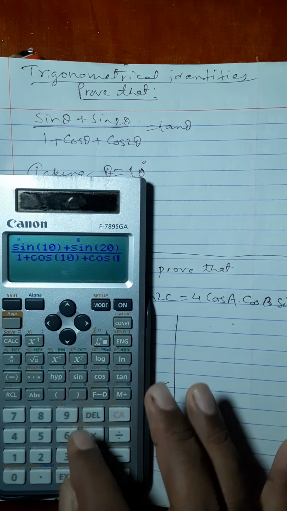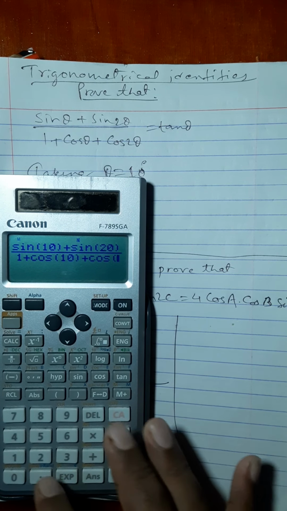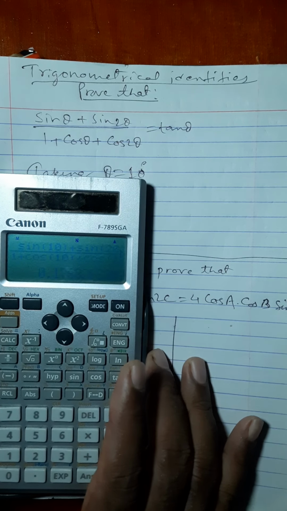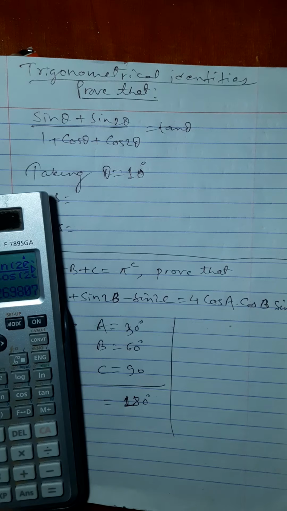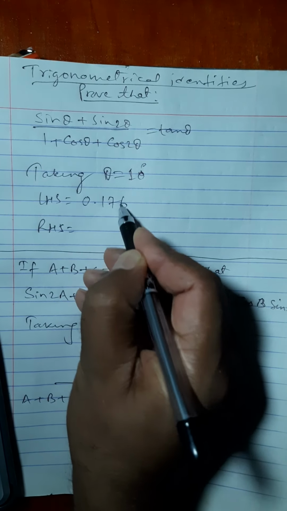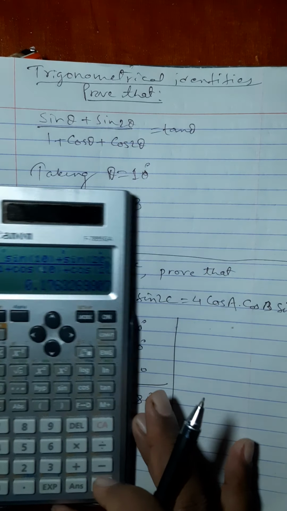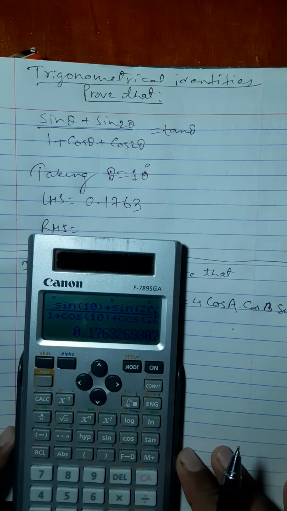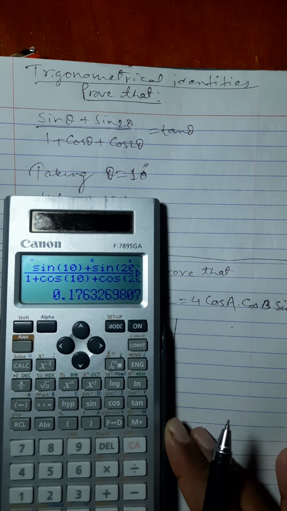Cos 2 times 10 is 20, bracket closed. Now equal to, its value is 0.1763. The left hand side value is 0.1763. You can see it in the calculator.